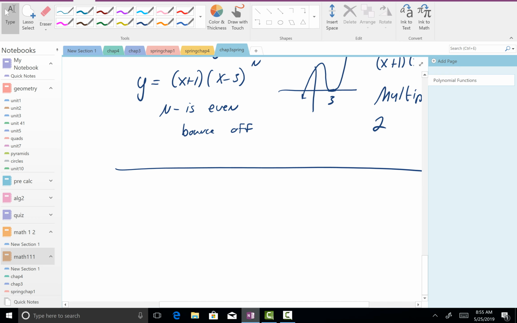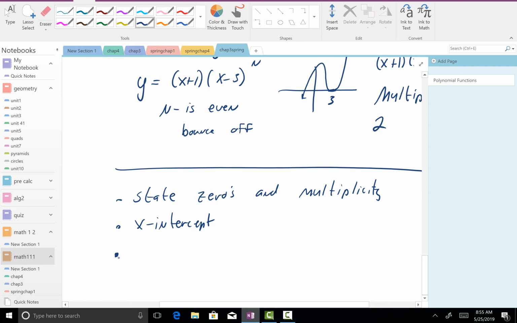State or list the zeros and multiplicity. That's one thing. They're going to talk about x-intercepts. They want you to list those. They're going to talk about turning points. We haven't mentioned that, but you won't have any trouble with it. And end behavior.